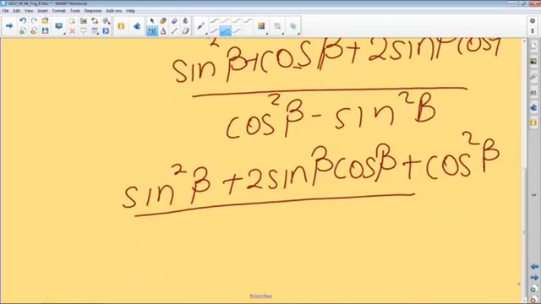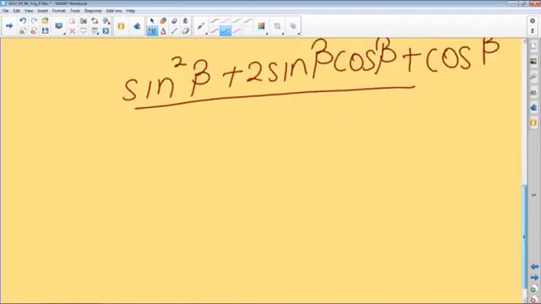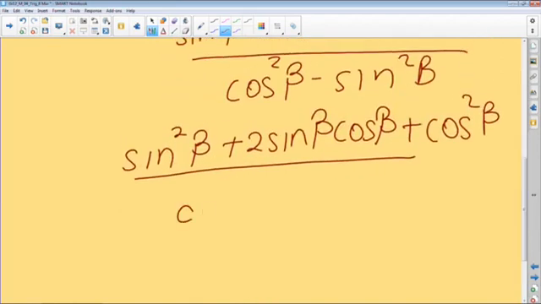All right, and then at the bottom, for now, we're not factorizing anything as yet, so I'm just leaving it as cos squared beta minus sine squared beta. Now the trinomial that's hidden in the numerator, sine squared beta plus 2 sine beta cos beta plus cos squared beta, the trinomial there is in brackets.